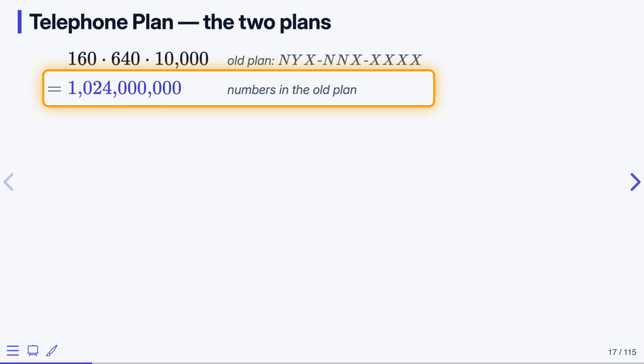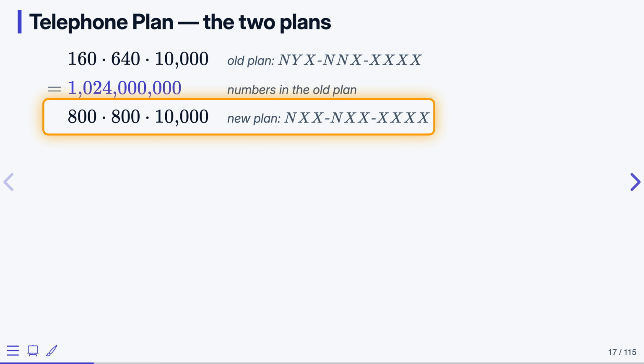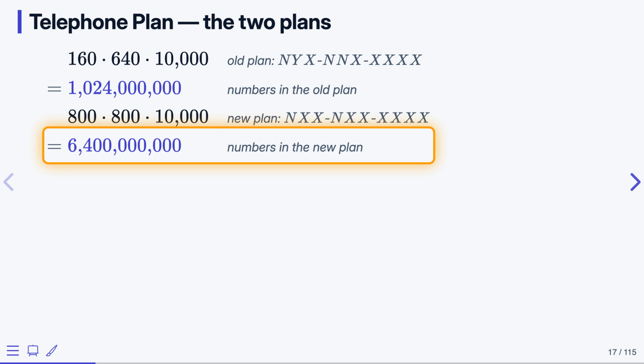Line 2, that gives 1,024,000,000 numbers. Line 3, the new plan, 800 area codes times 800 office codes times 10,000 station codes. Line 4, that gives 6,400,000,000 numbers. The new plan gives more than 6 times as many numbers, and that is why the rules were changed.